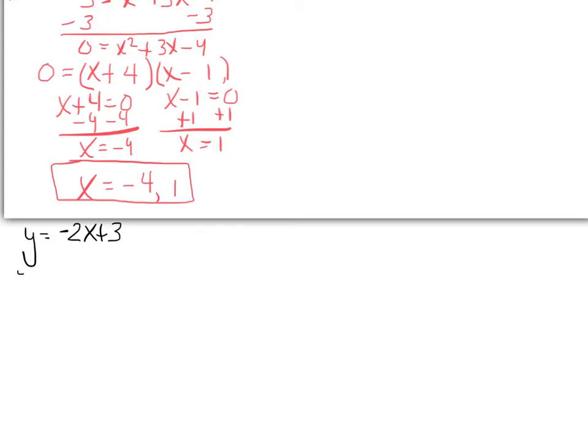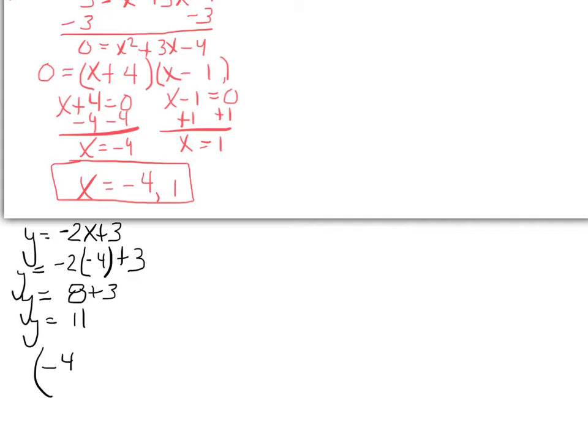So I'm first going to plug in negative 2 times the negative 4 plus 3. Negative 2 times negative 4 is 8, plus 3 is 11. So one of my solutions is negative 4, comma 11.